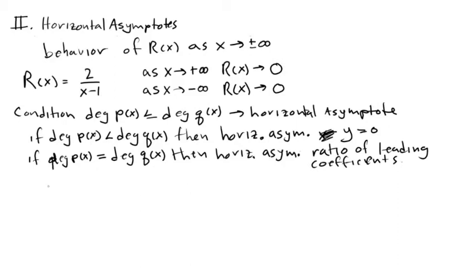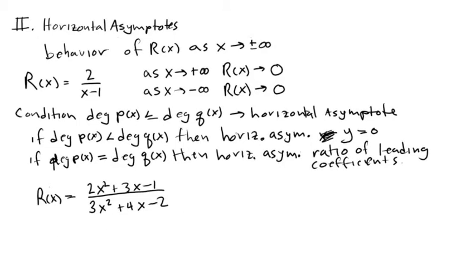Well, suppose we have an r of x, a rational function, that is, let's say, 2x squared plus 3x minus 1 over 3x squared plus 4x minus 2. So I have this rational function. The degree on top is the same as the degree on the bottom.